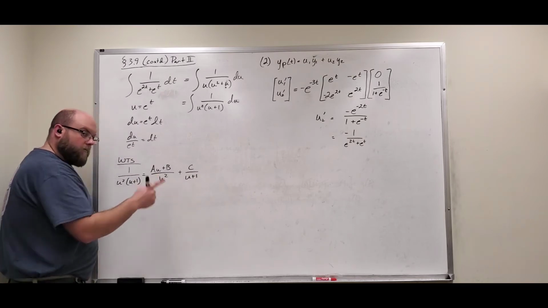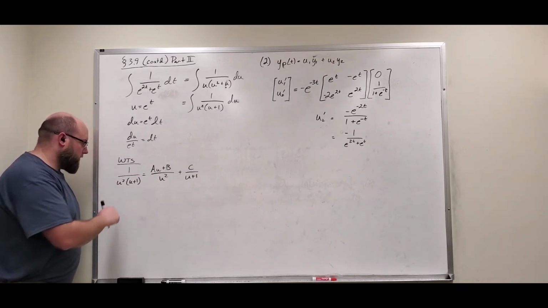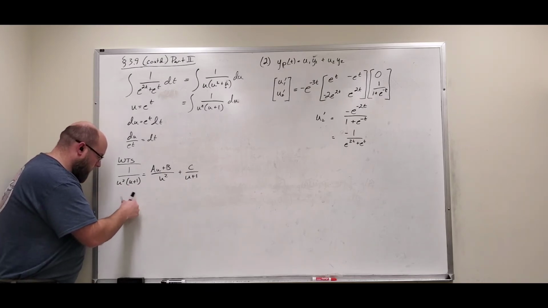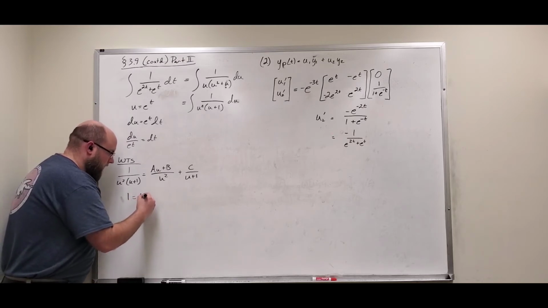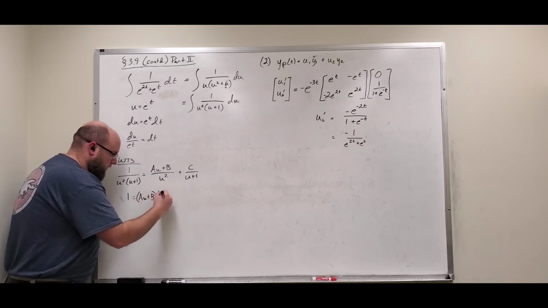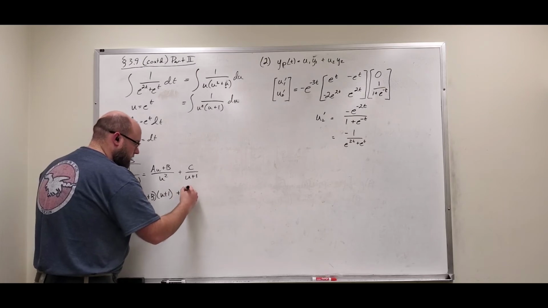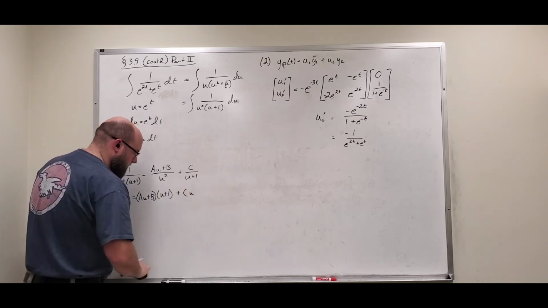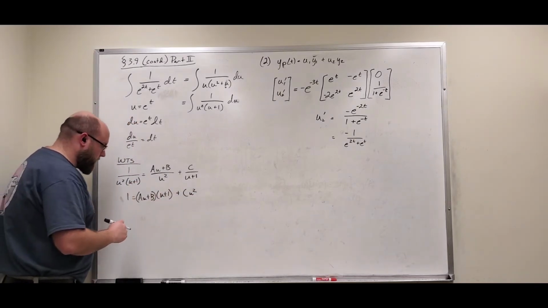Now, going through the process, I'm going to multiply all the way through by a common denominator of u squared times u plus 1, leaving me with a 1 on the top. And this is going to give me au plus b times u plus 1 plus c times u squared. Again, multiplying by that common denominator all the way through.